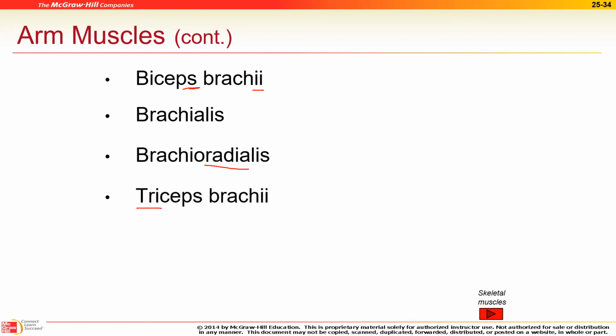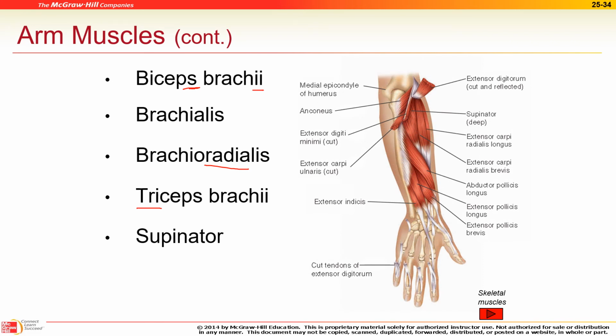Triceps brachii in the upper bone. So don't worry too much about these. Know that on the top, all of these are going to extend the bones. So on the back side of your hand, all of those muscles are going to be called flexors. Right? So all these muscles down here flex the bone. All the muscles on the top will extend the bone.